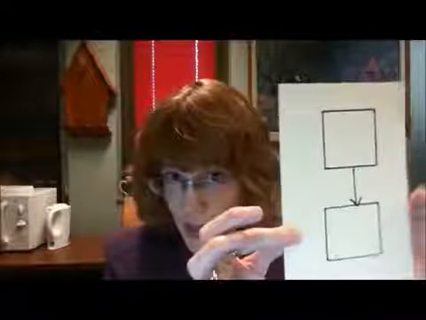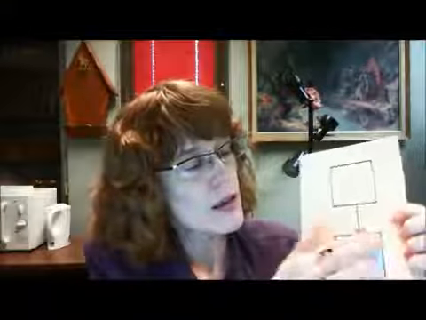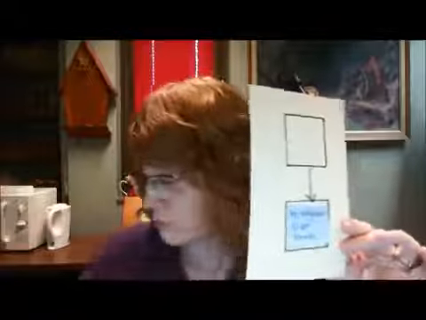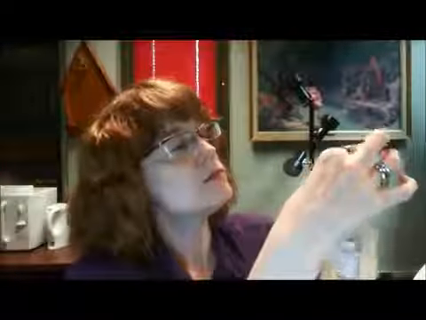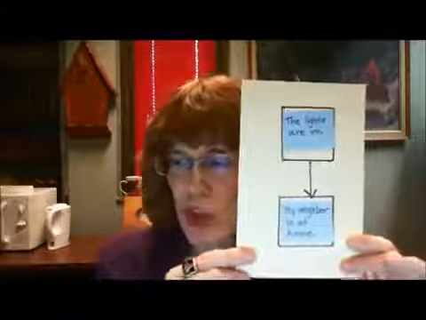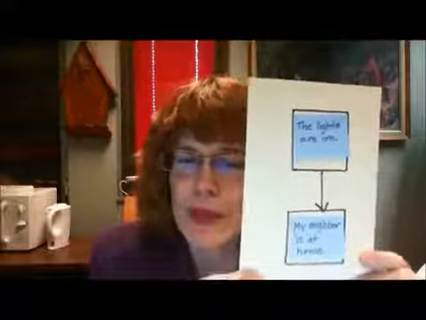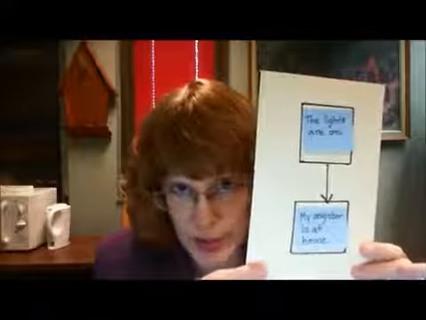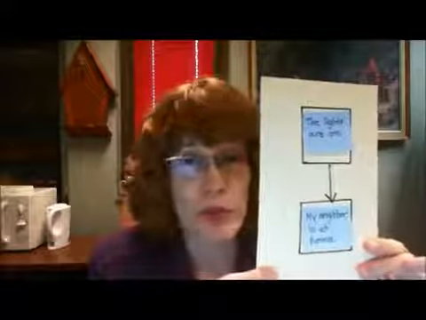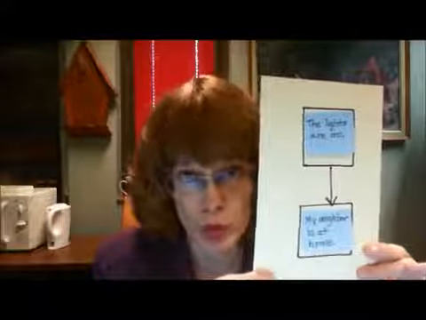Now, last time we used the following example. My neighbor is at home was the conclusion. The reason was the lights are on. Okay? So we can express this in a number of different ways using just normal prose.